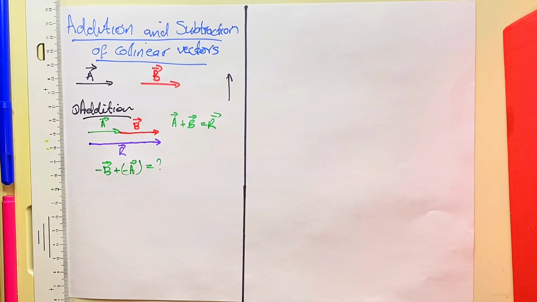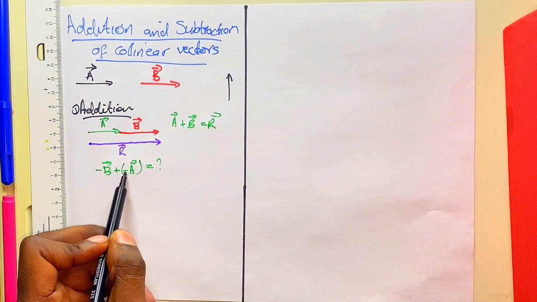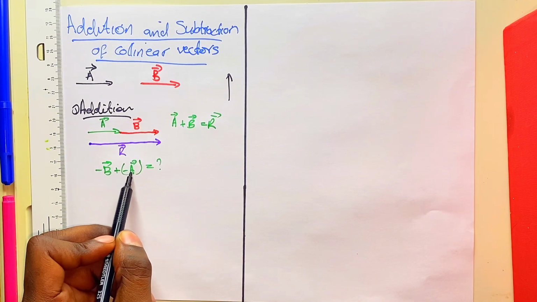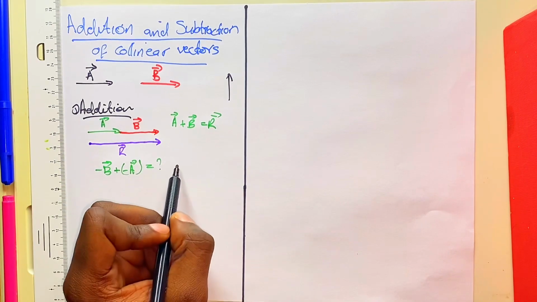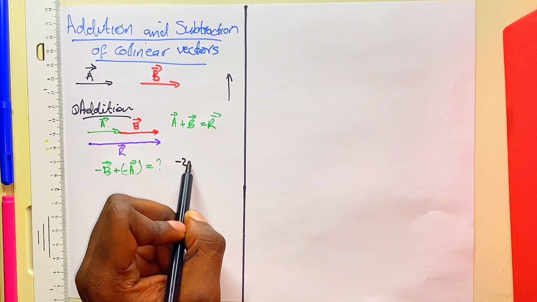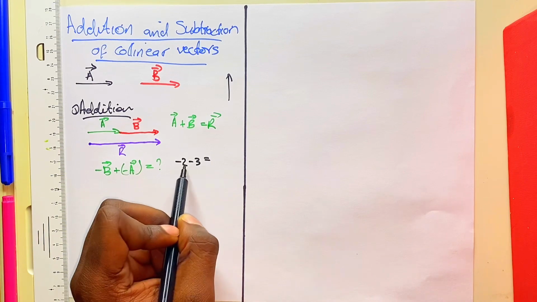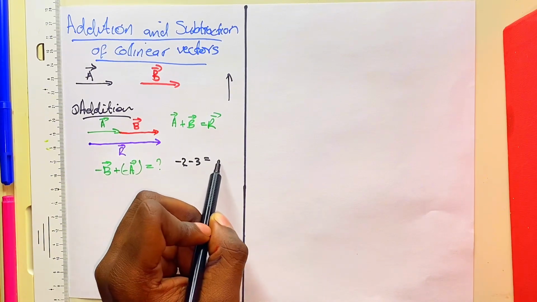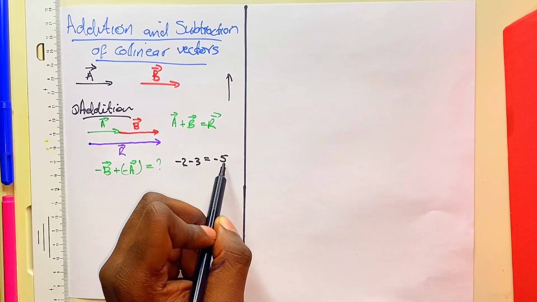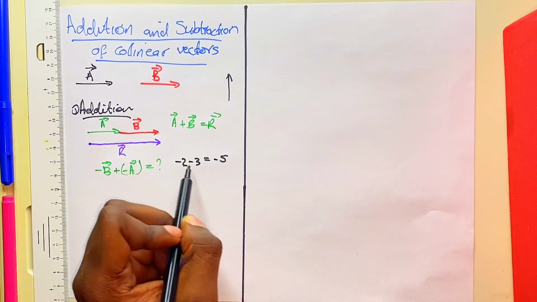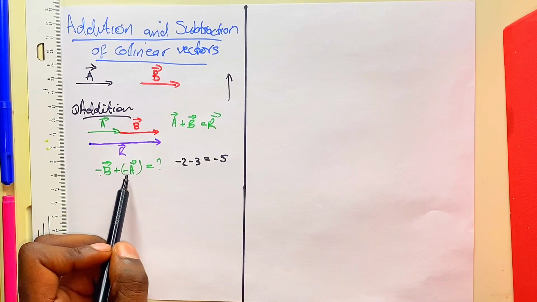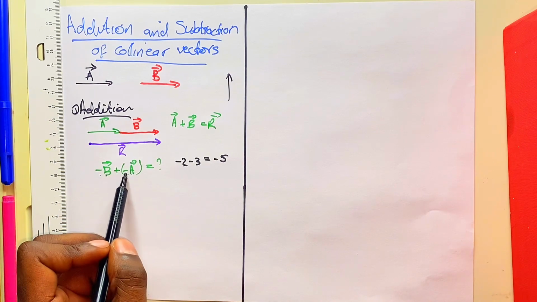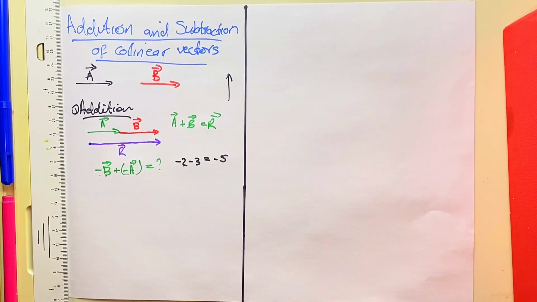Now you must remember that a negative A means that it is acting in an opposite direction. When you are doing algebra, you know that -2, -3, you add them and you keep the sign. So you have -5. You add them, 2 plus 3, and you keep the sign. Even with this one, if you have two negative vectors, we are going to add them and then keep the direction that they are going in.